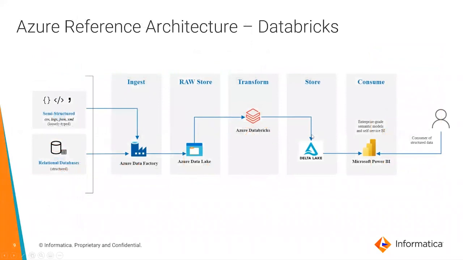Here is another pattern for an Azure reference architecture, having a Databricks Delta Lake in the storage layer and transform layer. The ingestion is happening through Azure Data Factory from a file layer and then the relational database layer to the Azure Data Lake Store, which is a raw layer. And the consumption is through Microsoft Power BI reporting.